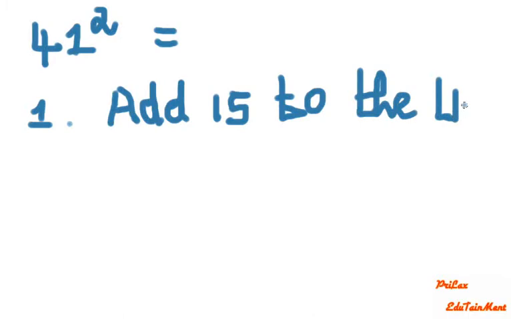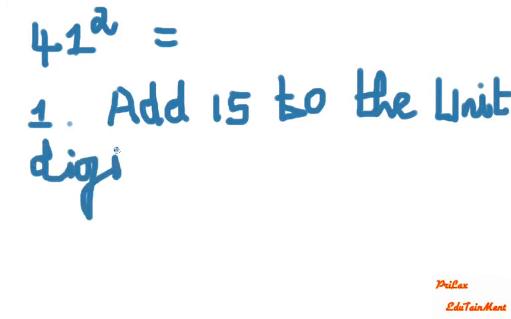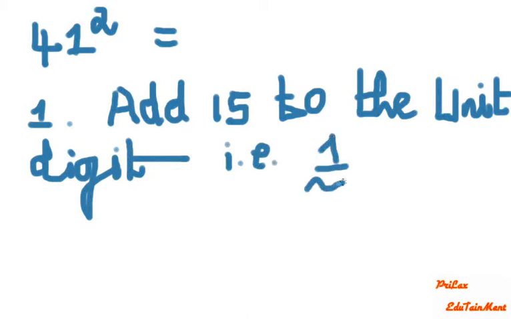In the unit place, we will find 1. In the tenth place, we will find 4. As part of this process, we just require the unit place number. The unit place number is 1. So add 15 to the unit digit of the given number to be squared.